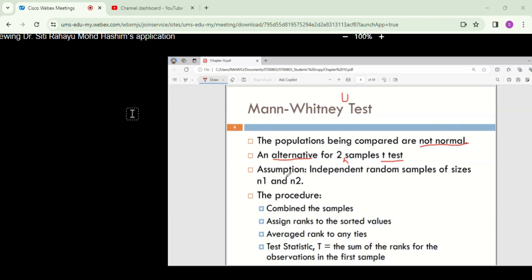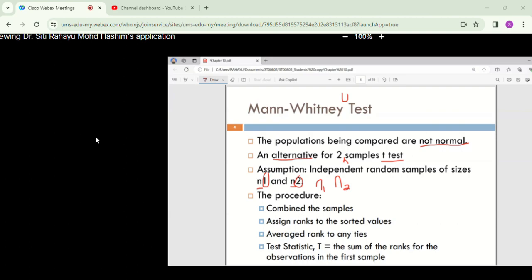The assumption is independent random samples of size N1 and N2, where the 1 and the 2 are supposed to be subscripts.